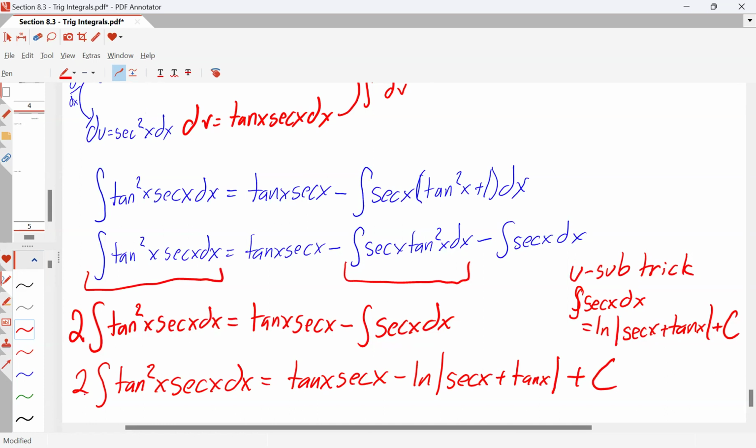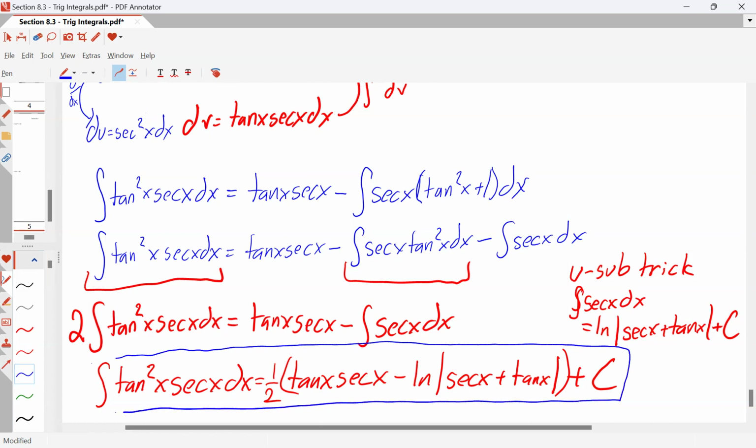Since we have 2 of these, we can divide by 2, or dividing by 2 is the same as multiplying by 1/2. And there, with some integration by parts tricks, we have found the integral of tangent squared secant.